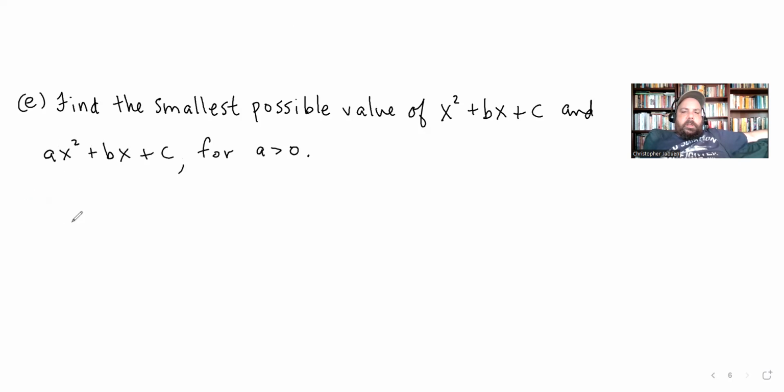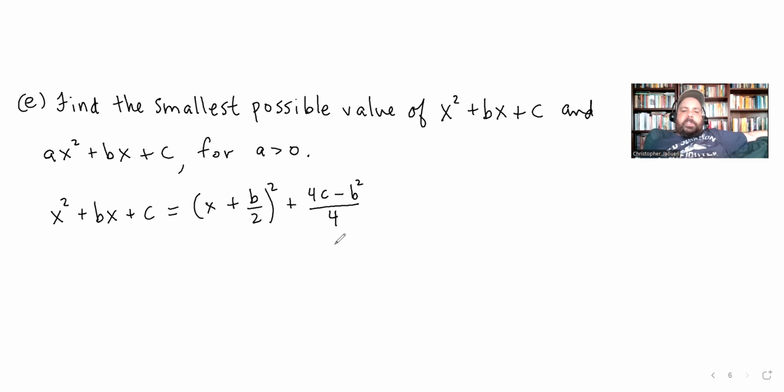So for the first part, we complete the square. Actually, we already completed the square on this before. So if you remember, we ended up with x plus b over 2 squared plus c, that is, 4c minus b squared over 4.